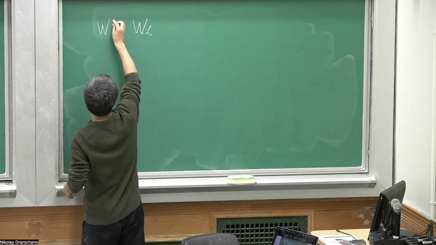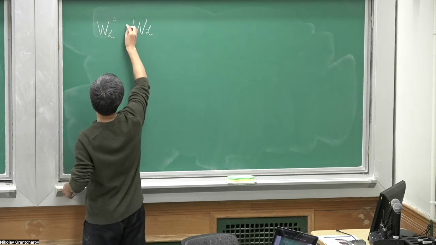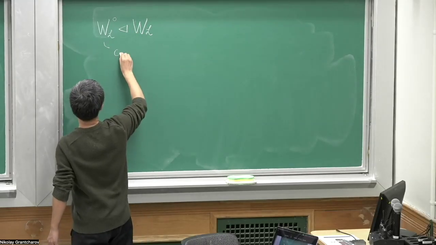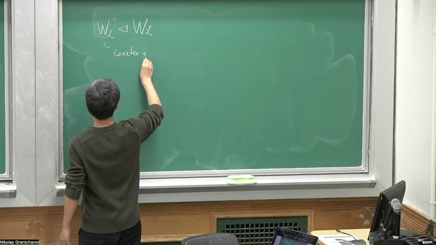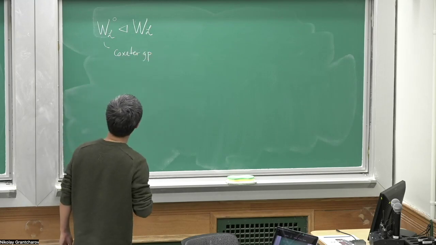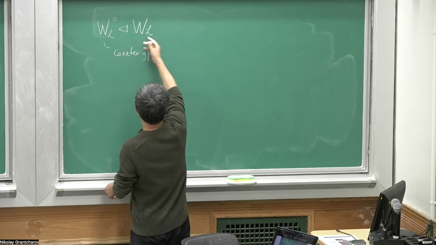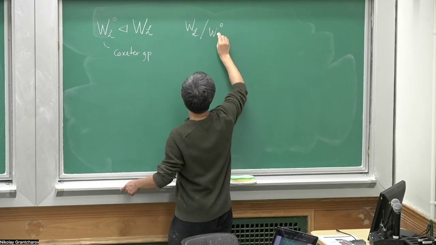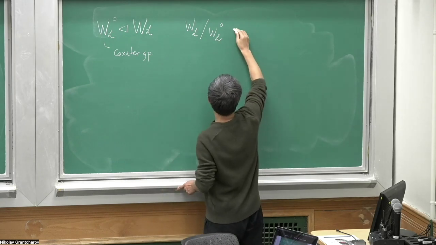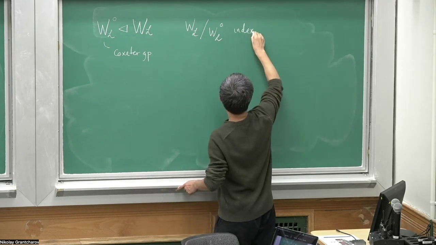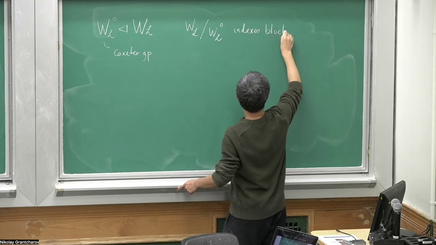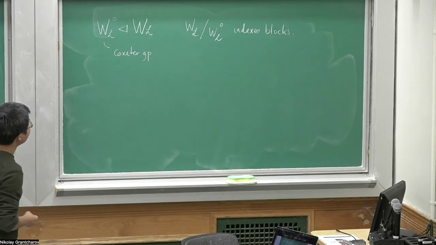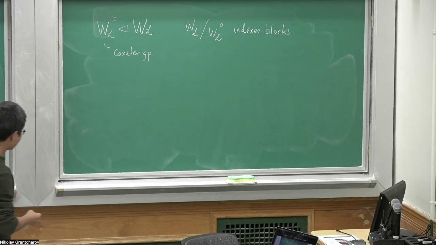There's a canonical way of defining a Coxeter subgroup, a normal subgroup. This is a Coxeter group, and this quotient indexes the blocks. So let's take an example.